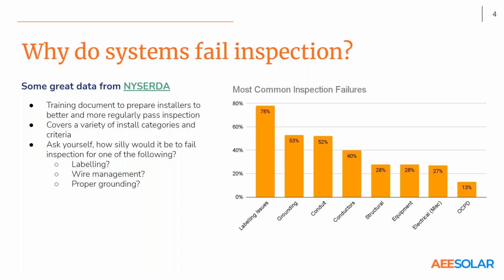I ask myself, geez, if I were a foreman, how silly would I feel? The system fails inspection, the homeowner has delayed PTO because I didn't have the right labels, or I missed wire clips and I've got conductors touching the roof. Just silly things that can be easily prevented, and that's exactly what we wanted to cover here.